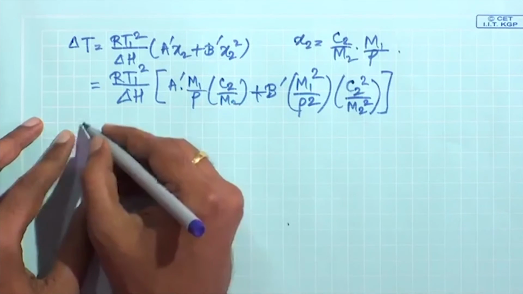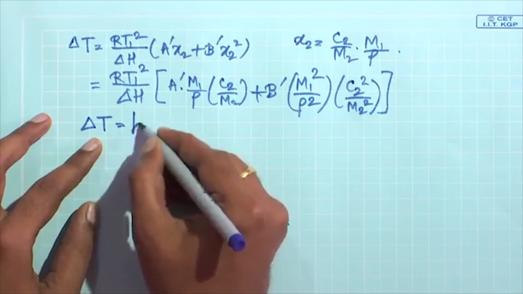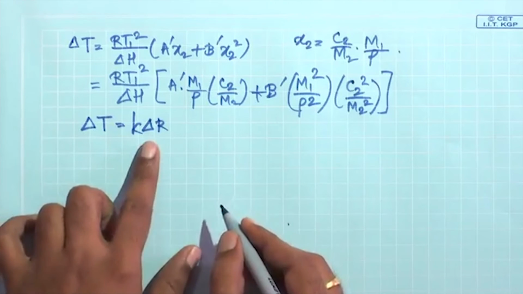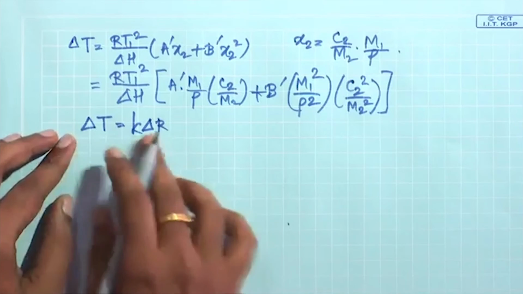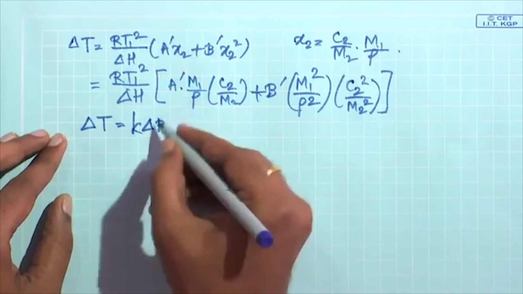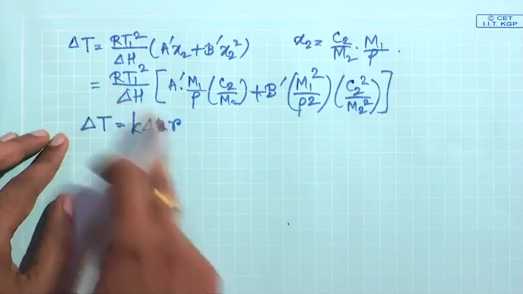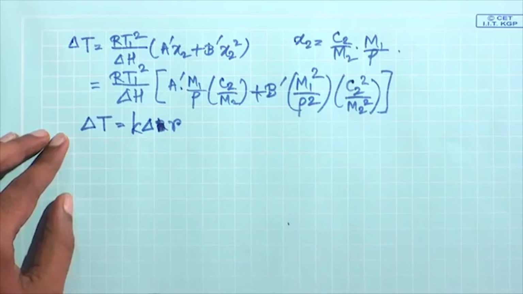Now, you know that change in temperature is proportional, with some proportionality constant, to the change in resistance. Now, let us put small r for the resistance change, because this small r and this capital R you may be confused.